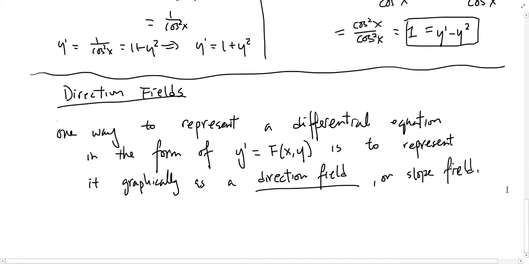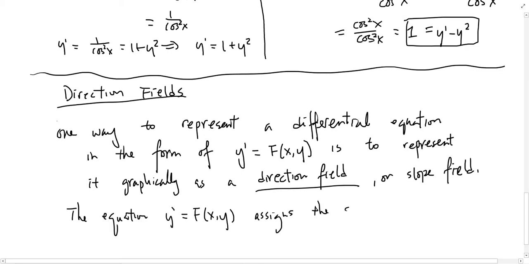The reason is that the equation y prime equal to f of x, y basically assigns the slope y prime to any given point x, y based on how the function f defines it.